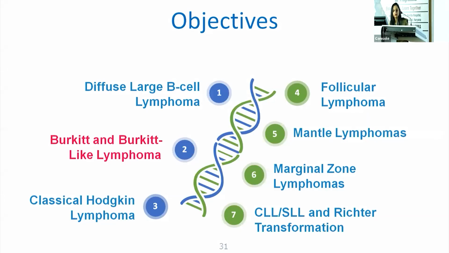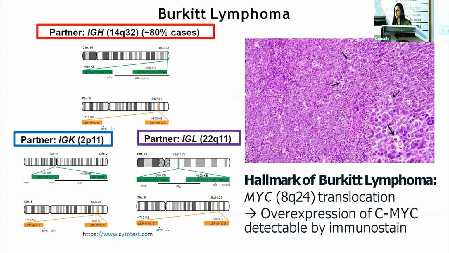Okay, then coming to Burkitt or Burkitt-like lymphoma. Of course, 80 to 90% of Burkitt lymphomas have MYC translocations, which is the hallmark. It is usually a translocation with the Ig heavy chain, but a combination with the light chain, kappa and lambda, is also possible.